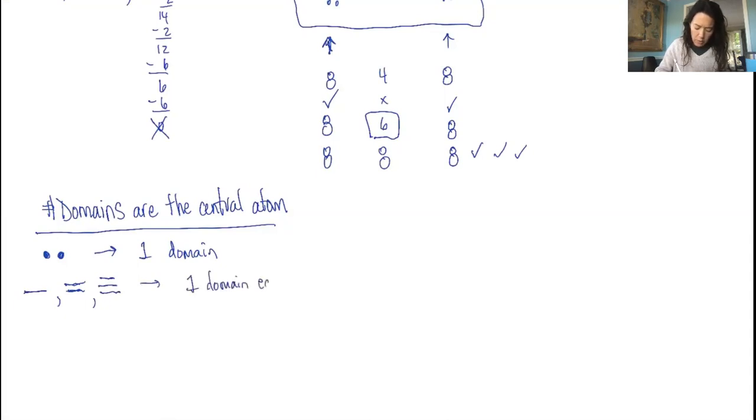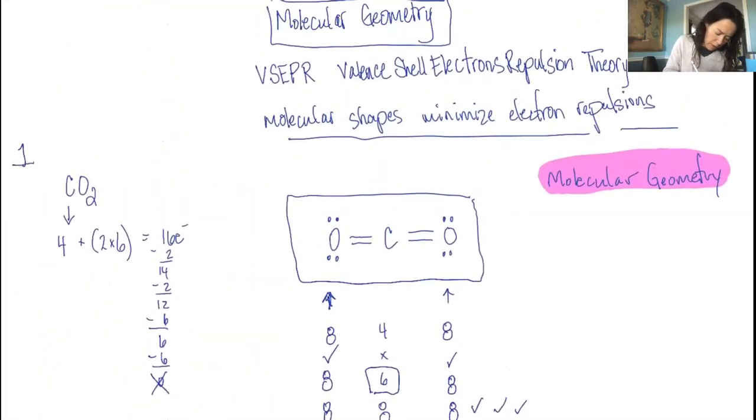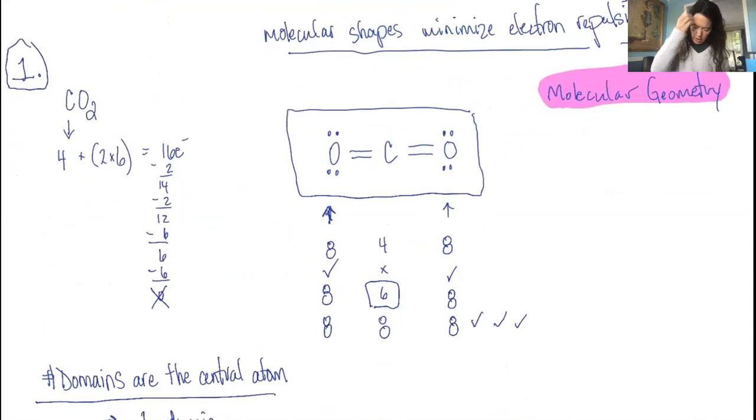So let's go back to our first example, example number 1. You should have all of this written down, okay? Let's look at our carbon dioxide Lewis structure. Let's look at our central atom, and the number of domains around that central atom.